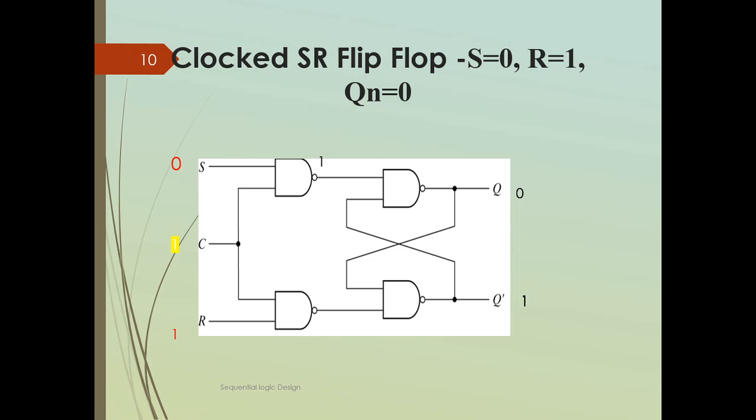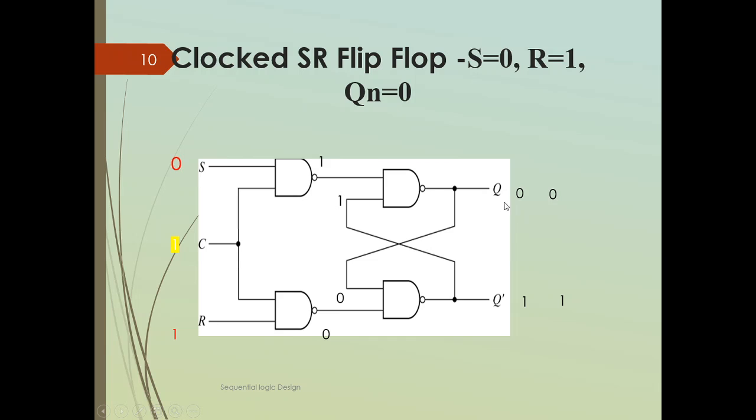So the output of this NAND gate is 1 and the output of this NAND gate is 0. Assuming that Q is equal to 0, which is input to this NAND gate, both inputs of this NAND gate are 0, so the output is 1, and this one, which is input to this NAND gate, gives output Q equal to 0. Now we can assume Q equal to 1.